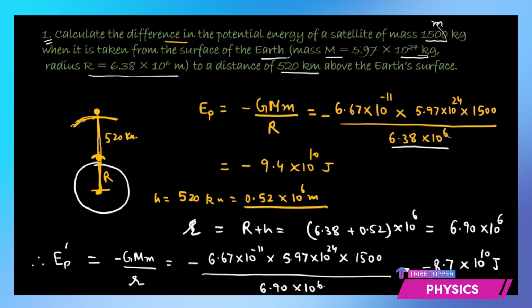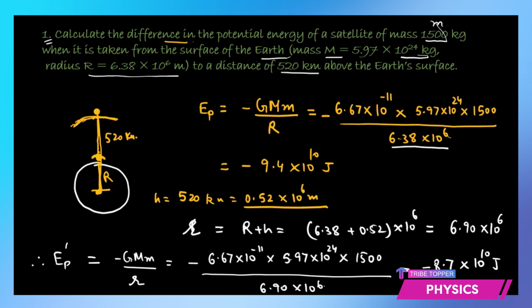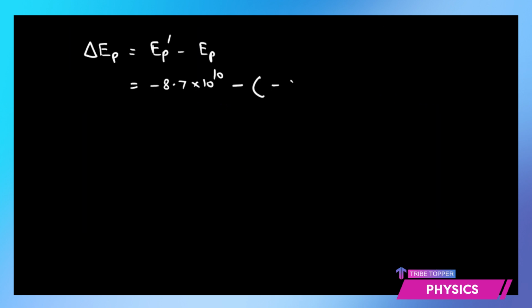Therefore, what is the difference in the potential energy EP? That would be the new energy minus the initial energy. So that would be minus 8.7 into 10 raised to the power 10 minus minus 9.4 into 10 raised to power 10.